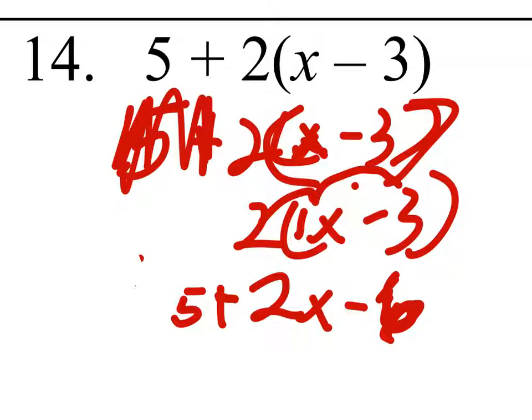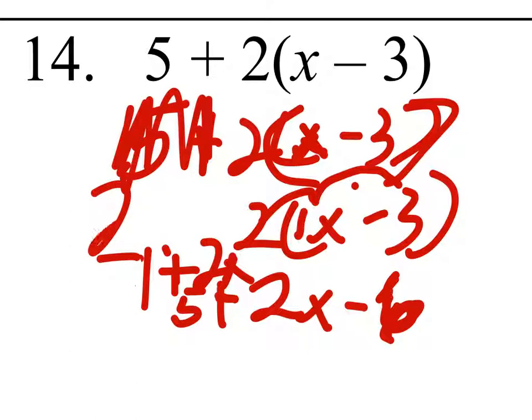And then you're just gonna combine the like terms, so you got 5 and 6. And then negative 1. What was my answer? Okay, and then plus 2x.